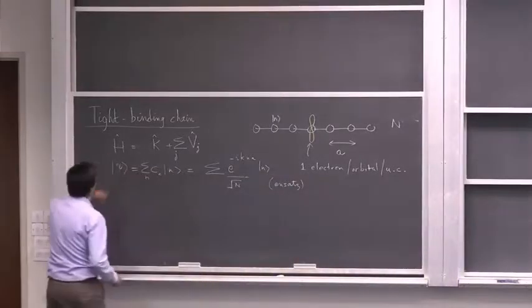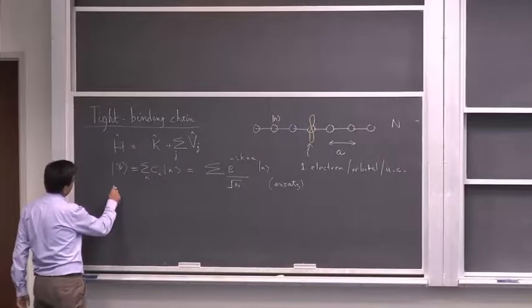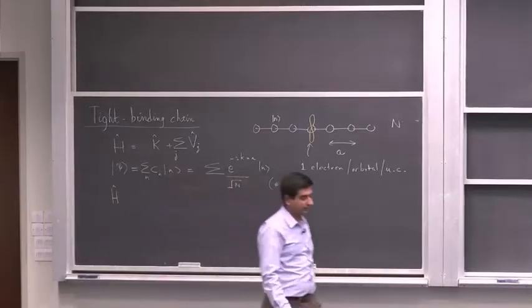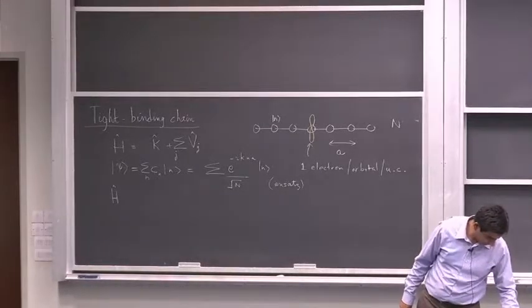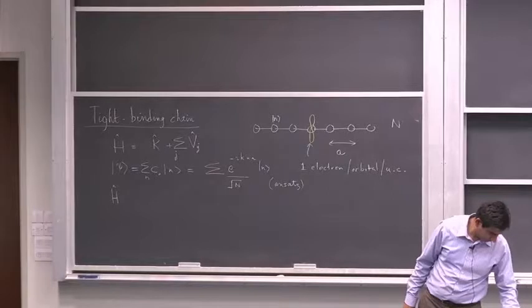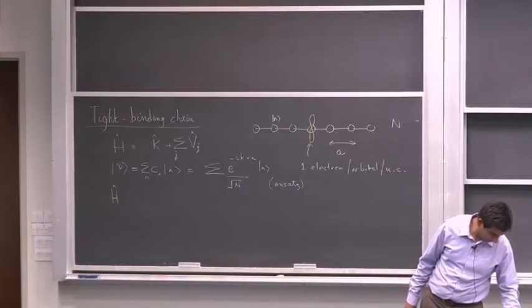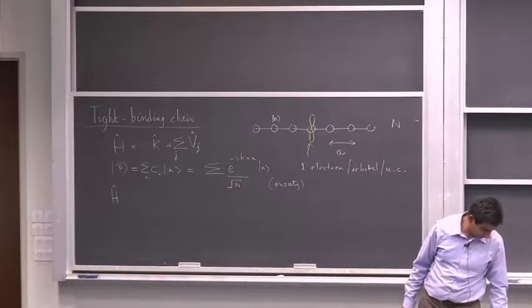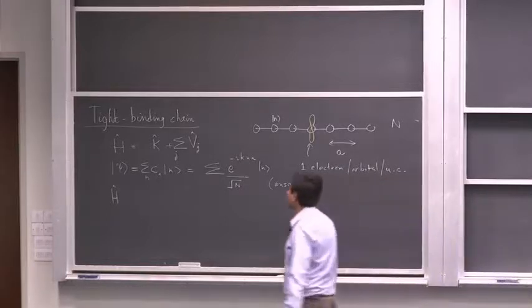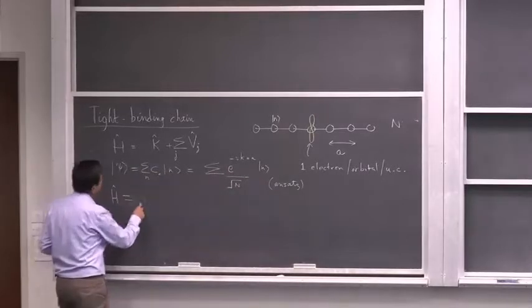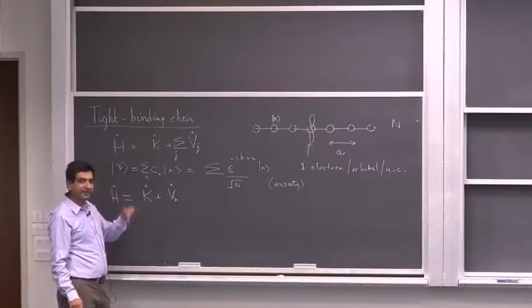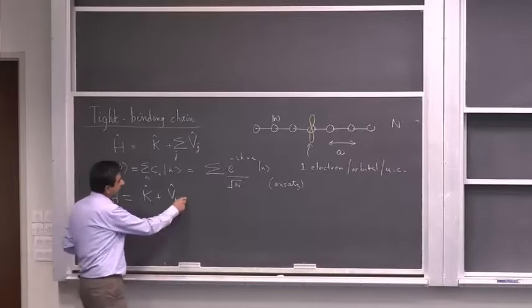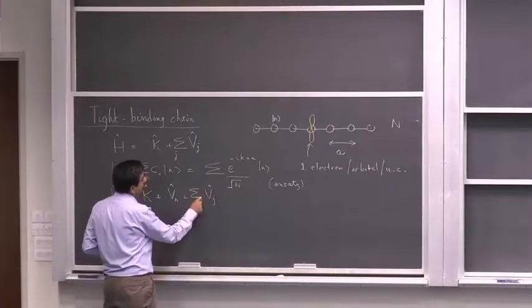So the Hamiltonian that we've written over here could also be written in the following fashion: K plus V_n, which is the interaction of the electron with the nth atom, plus the sum of V_j, where j is not equal to n.